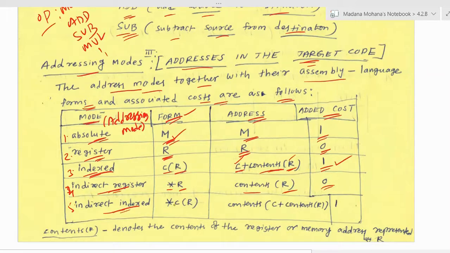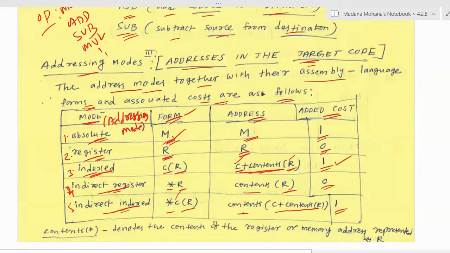Then indirect indexed, using indexed C(R) with an indirect pointer, *C(R). For C it takes one location, the rest is in a register and takes no cost, so its cost is 1. Its address can be written as contents of (C plus contents of R).